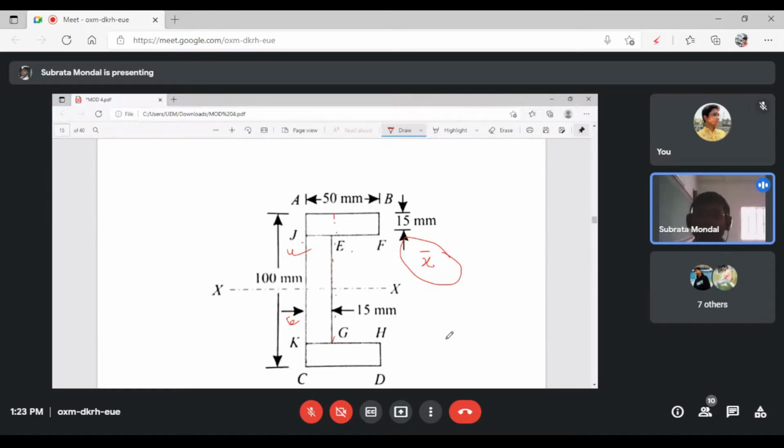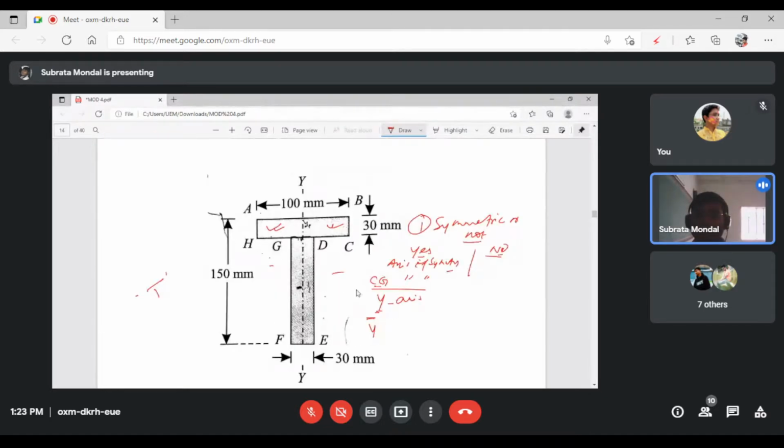First, if we consider this first segment, G, D, E, F, you have to calculate the area and the Y1. Y1 means the individual centroid of this particular figure.